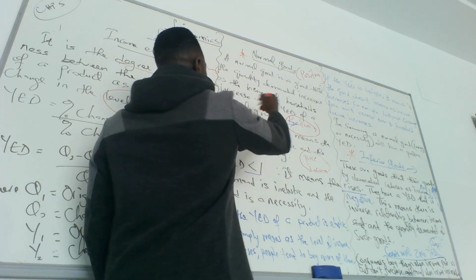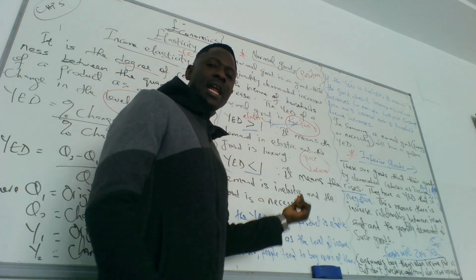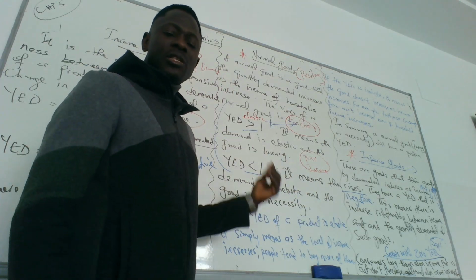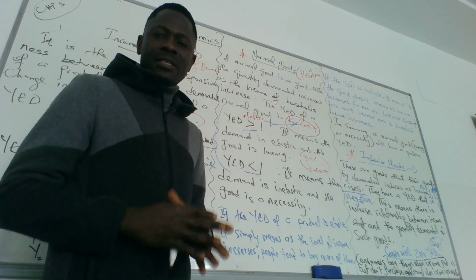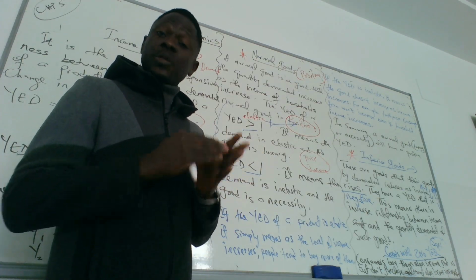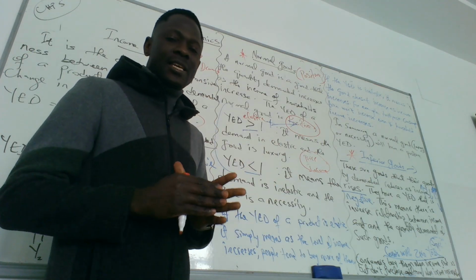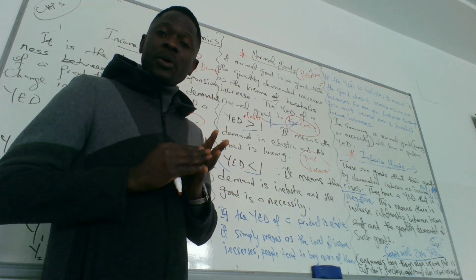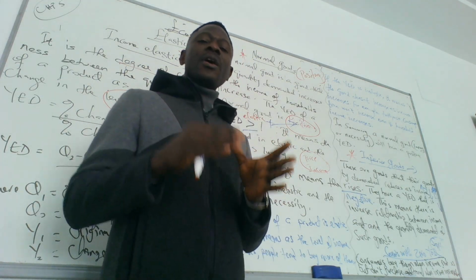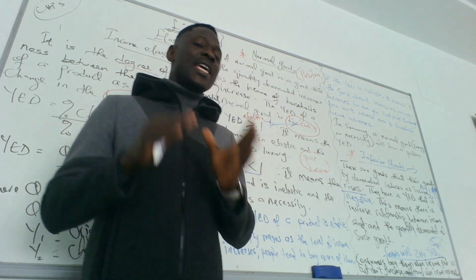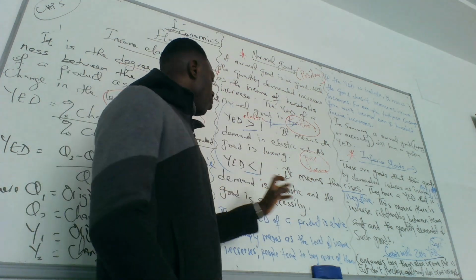Then we have inelastic, which is less than 1. These goods, irrespective of our income, we need to buy them. They are necessities. So luxury goods have a positive YED but elastic, while necessities have a positive YED but inelastic, less than 1.